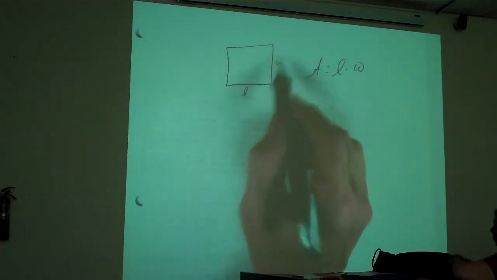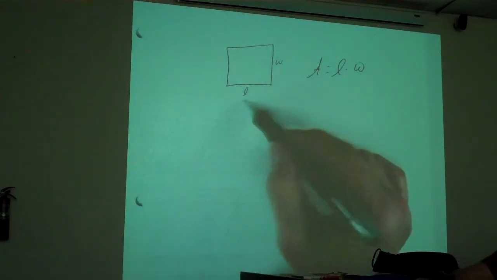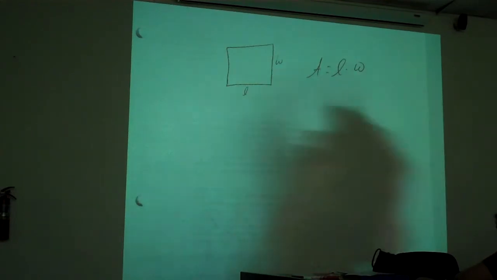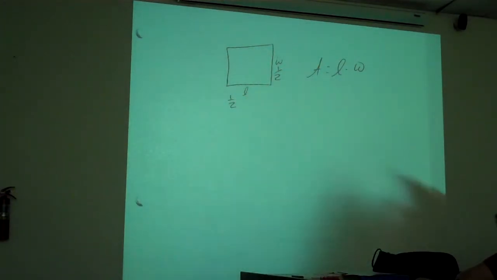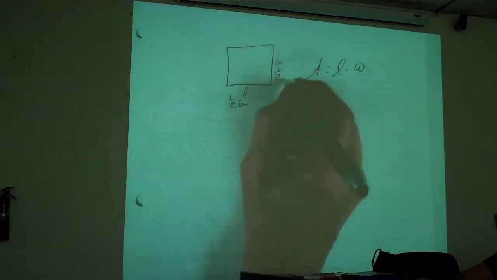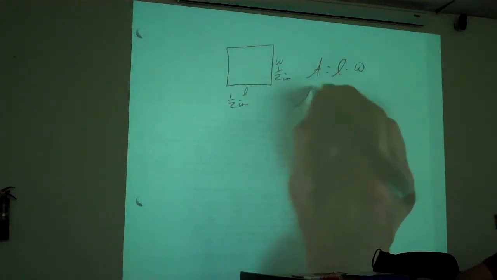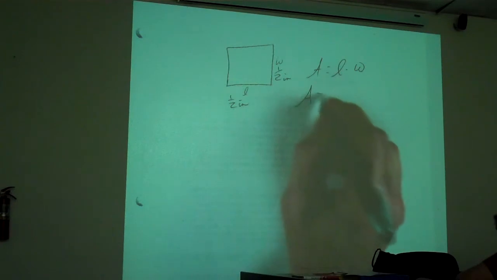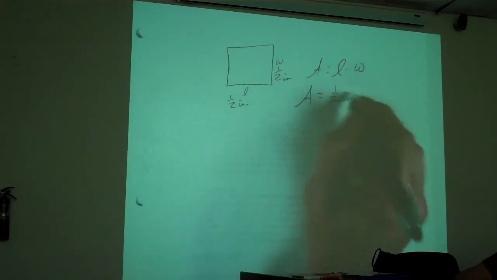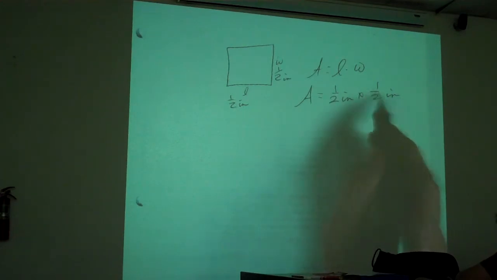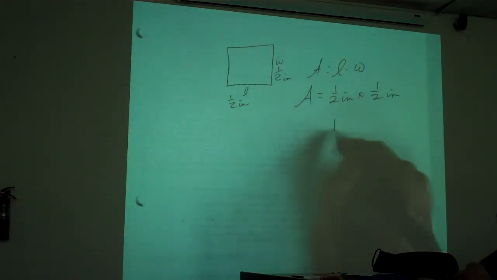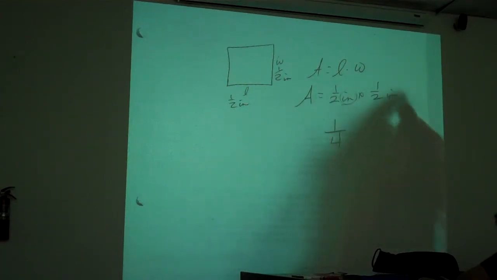If these are fractions, you just do the fraction times the fraction. Let's say that this is a half by a half, 1/2 inch by 1/2 inch. So the area of this box would be 1/2 inch times 1/2 inch. 1 times 1, 2 times 2, inch times inch, square inches.